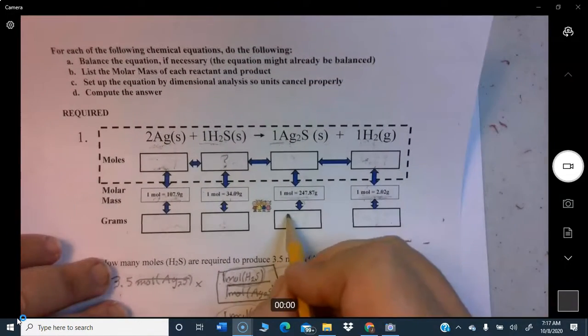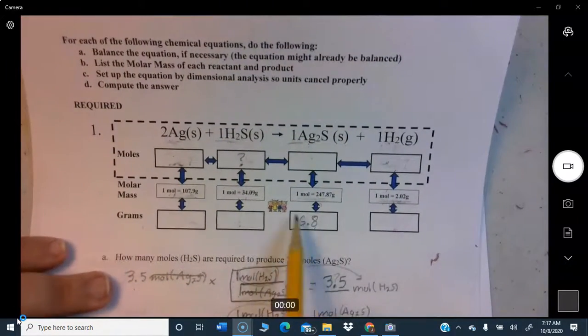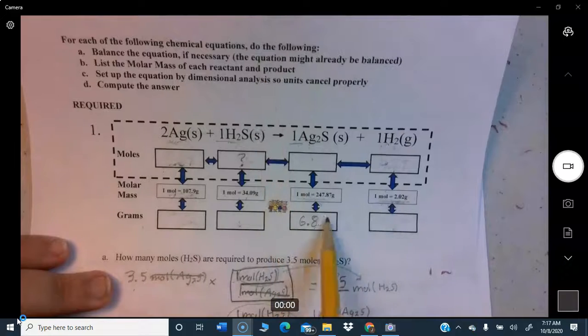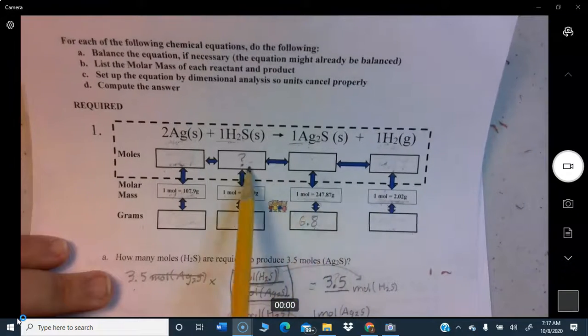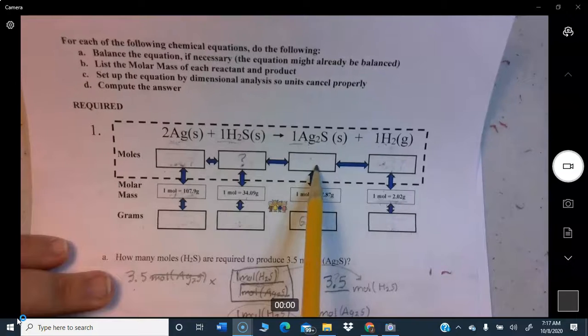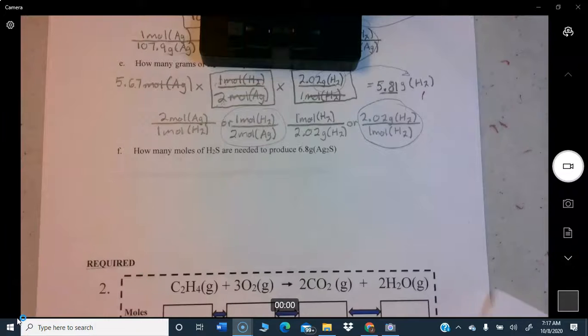So here's grams of Ag2S, 6.8 grams. The chemical equation moves from left to right, but our math equation, we're going to start here and move back to here. So we start with 6.8, molar mass gets us inside the equation, and then moles to moles gets us to our answer.